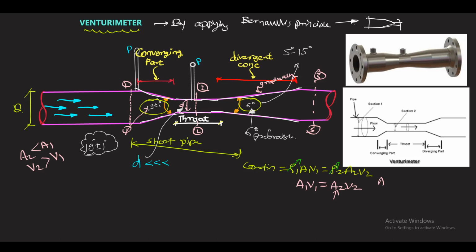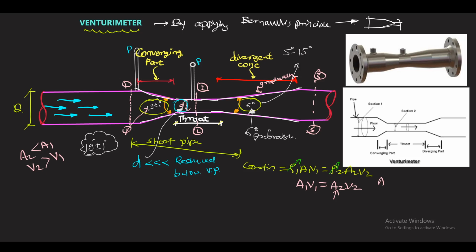The pressure at this point, section 2, will be reduced below its vapor pressure, and if the pressure at this point is reduced below the vapor pressure, what will happen? The cavitation phenomenon will happen. That's why this diameter d should not be reduced to such a small value.